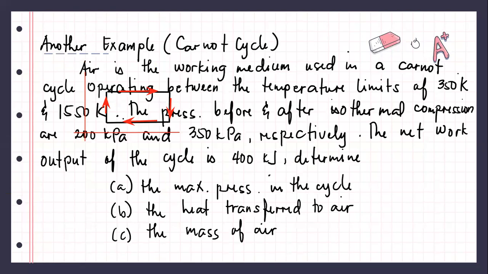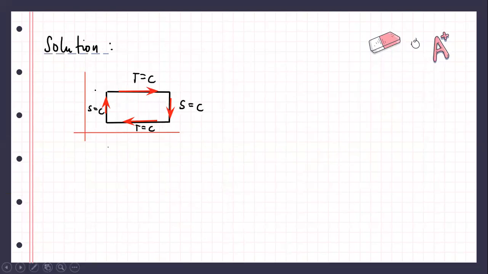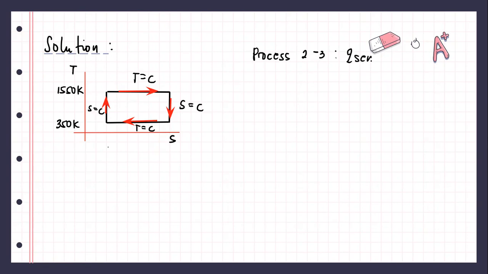Value of the temperature, 1550 Kelvin, and then this one is 350 Kelvin. Okay. TS diagram, temperature entropy diagram. Now for the process 2 to 3, isentropic expansion process.